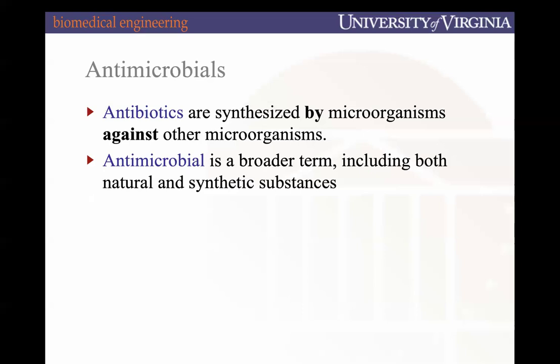Or once we do a screening and identify them, they can then be synthetically created off of that. And so what's key to note here is that antimicrobials can usually include both natural and synthetic substances. Antibiotics are typically naturally derived, but then can oftentimes be used as a direction to create the antibiotic drugs from what is already naturally occurring.